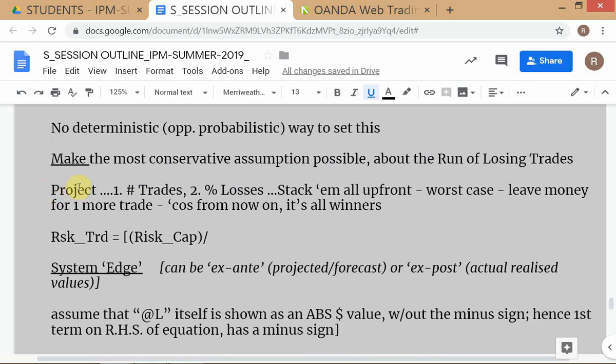So what we do is make the most conservative assumption possible about the run of losing trades. Do you understand what we mean when we say conservative assumption? The most conservative assumption means the one that exposes us to the least risk of being wrong.